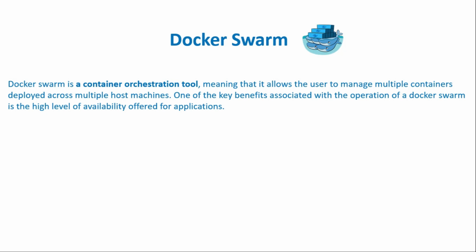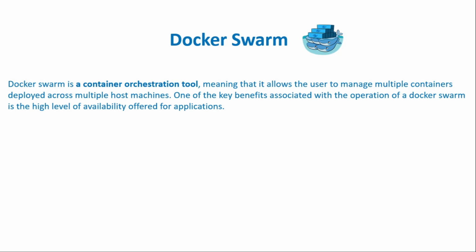One of the key benefits of operating Docker Swarm is the high level of availability offered for applications. Docker Swarm is responsible for keeping your application live 24 by 7.